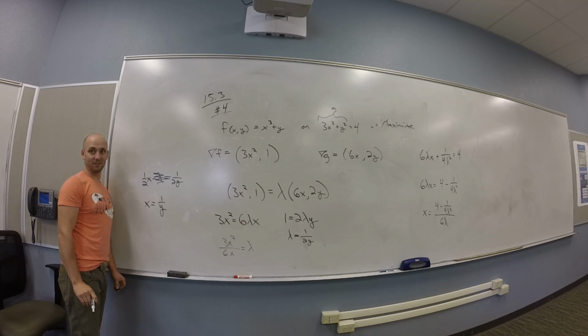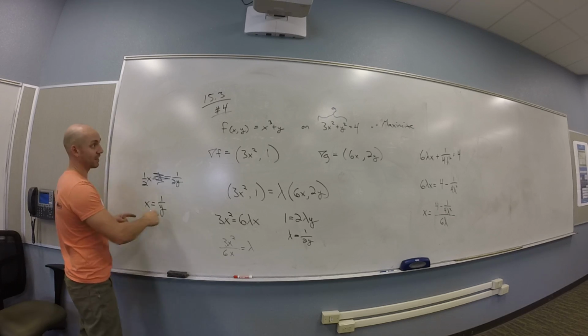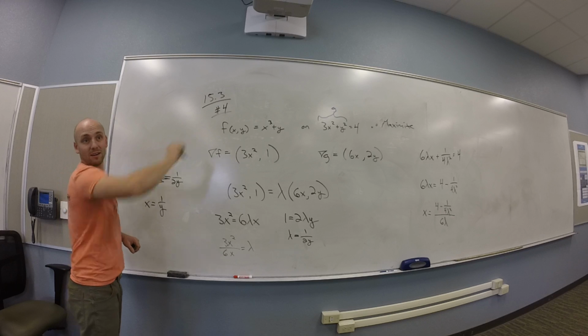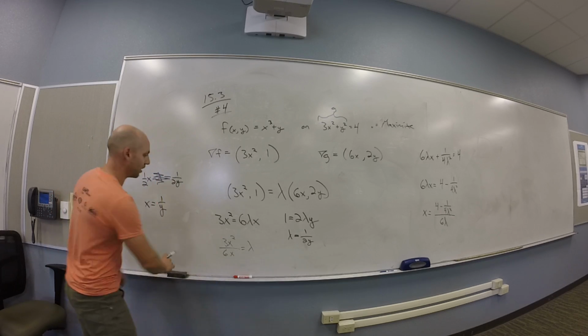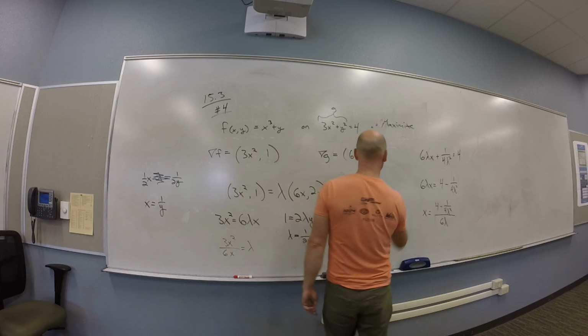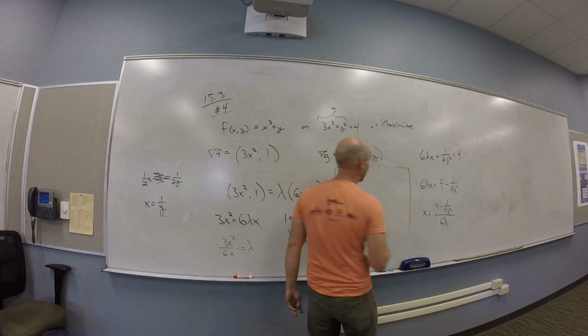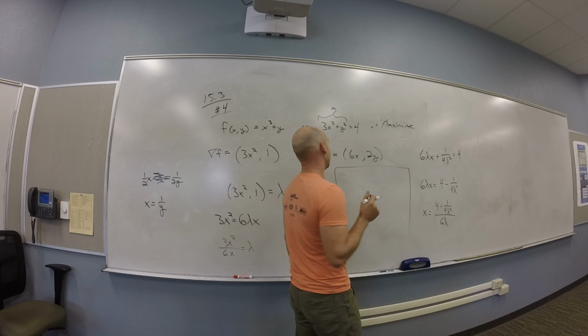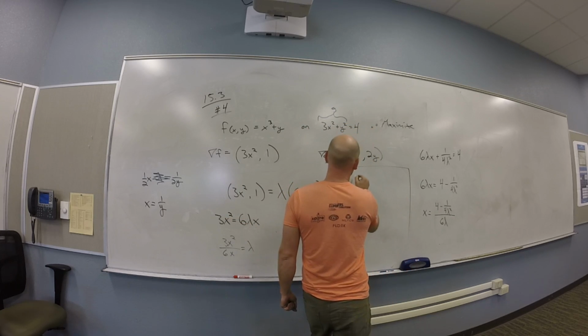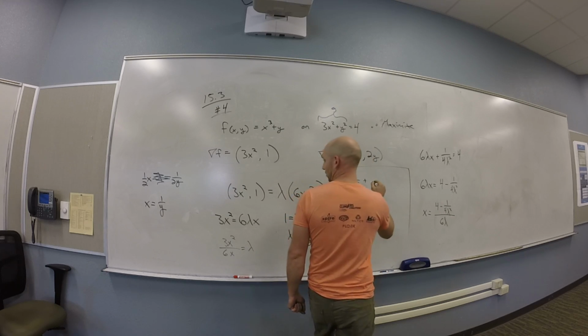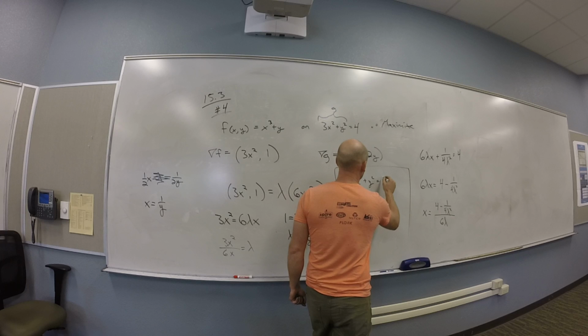You guys with me on that? And then take that and cram it into your constraint. I'll go right here. Why am I doing boxes? So I got 3 times 1 over y squared plus y squared is 4.